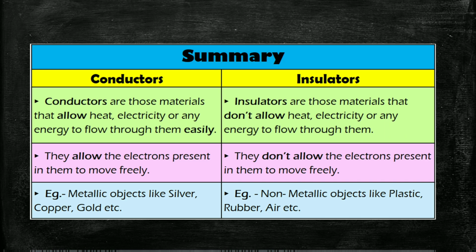Conductors allow the electrons present in them to move freely. Insulators don't allow the electrons present in them to move freely. Conductors example: metallic objects like silver, copper, gold, etc. Insulators example: non-metallic objects like plastic, rubber, air, etc.